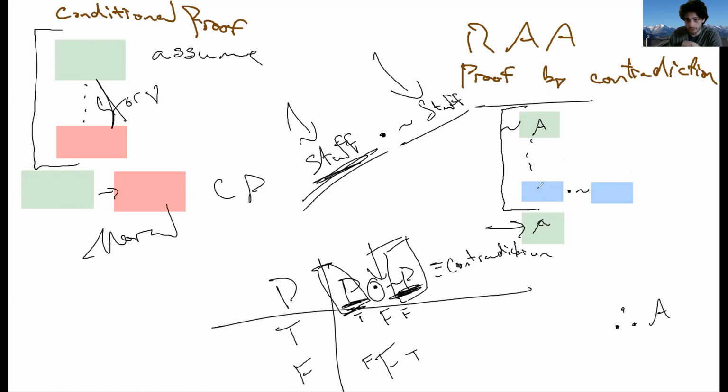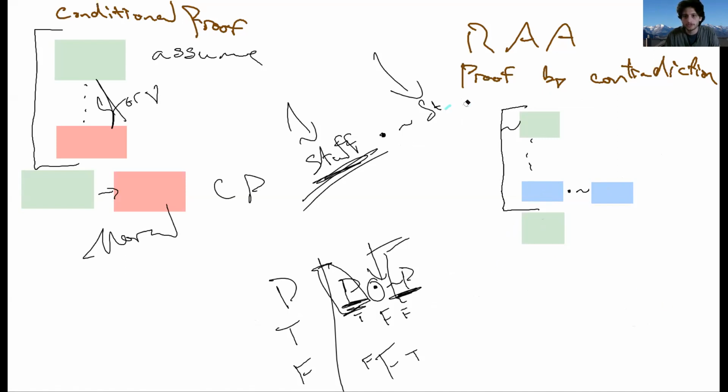Or it could be something just weird, like P arrow Q and not P arrow Q. That's why I'm showing you these things with the lens of these colored blocks: do you have the thing, and then that same thing fitting into this form? The colors are telling you that you need just some sentence to fit in right here, and you need that same exact sentence to fit down later.